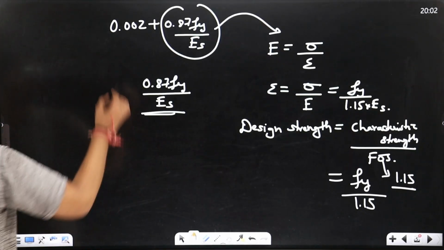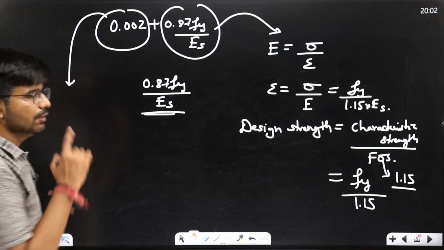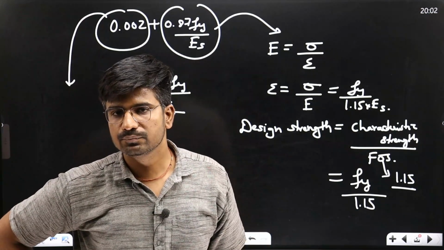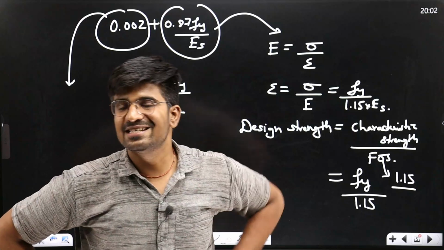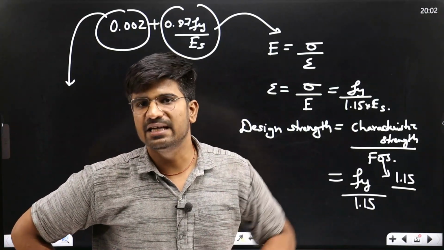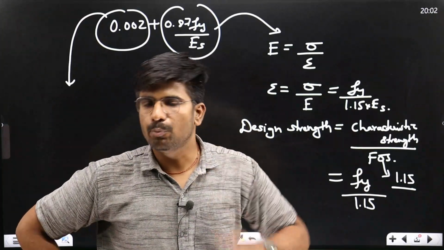Now, how did you get the 0.002? This is also something you studied in strength of materials. When you draw a stress strain curve and the material is less ductile, you will not get a specific yield point.